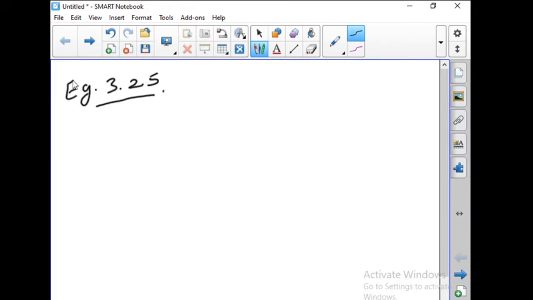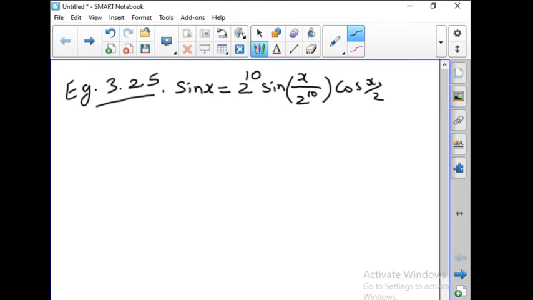Prove that sin x is equal to 2 power 10 sin (x by 2 power 10) into cos (x by 2) into cos (x by 2 square) and so on up to cos (x by 2 power 10).